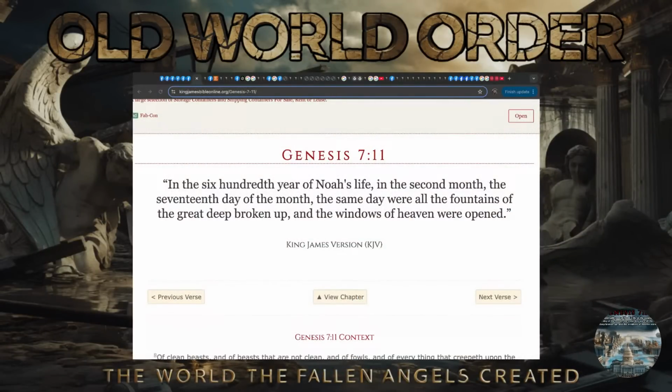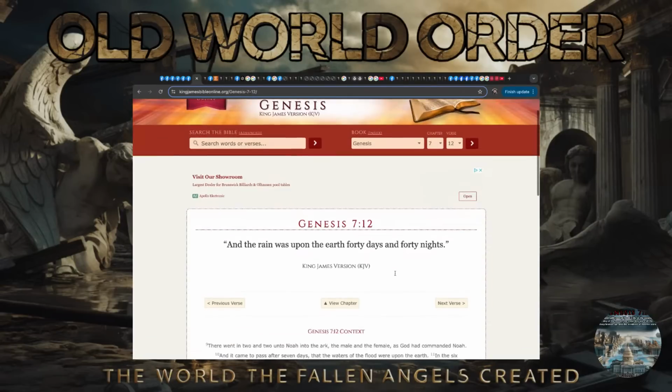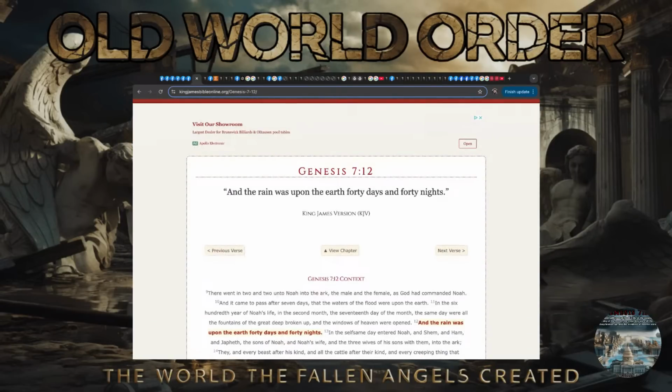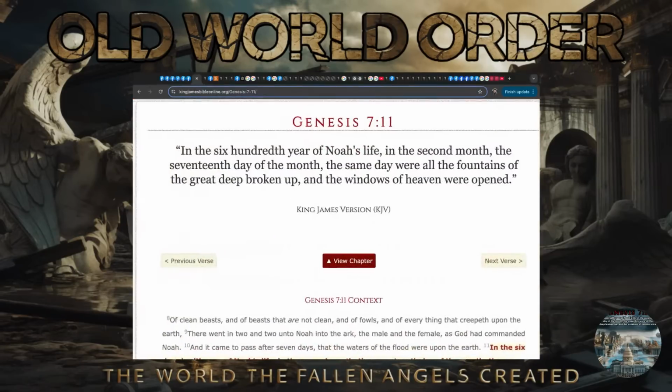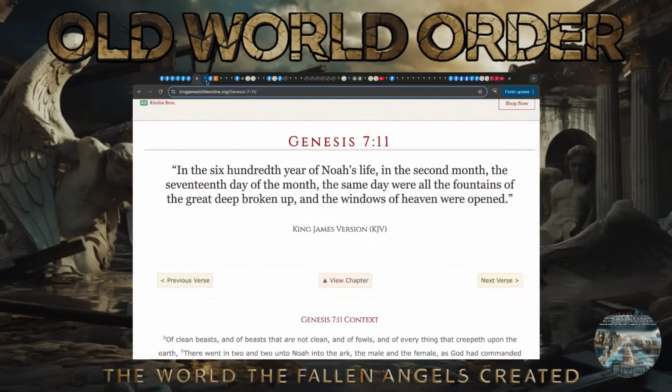In the 600th year of Noah's life, in the second month, the 17th day of the month, the same day were all the fountains of the great deep broken up, and the windows of heaven were open. And the rain was upon the earth 40 days and 40 nights. So God flooded the earth.